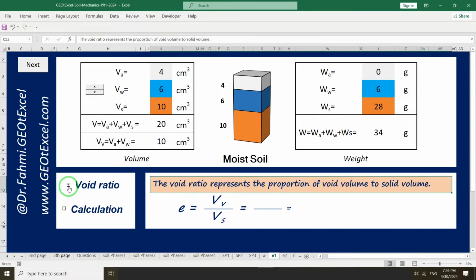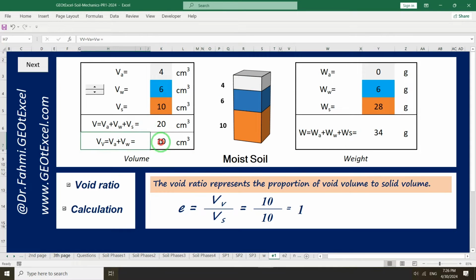The void ratio represents the proportion of void volume to solid volume. In this example, calculation: e is equal to 1.